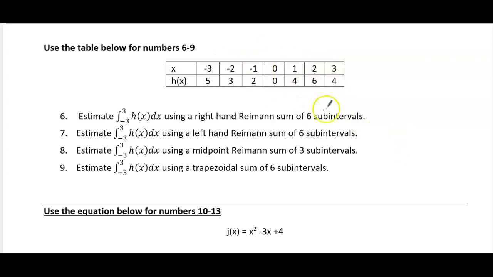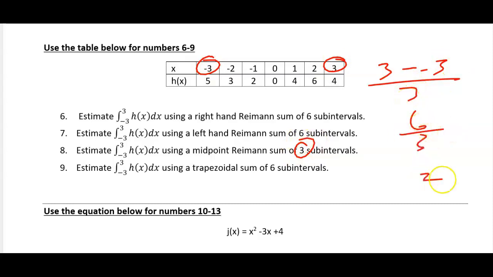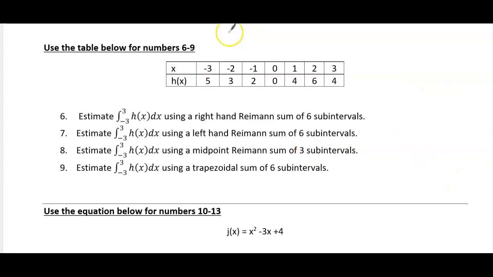All right. Let's go ahead and estimate our midpoint Riemann sum of 3 subintervals. Since we're doing 3 subintervals, you might want to take your last x value and subtract from it your first x value and divide by how many intervals you want. And so that's 6 over 3, which is 2. And that tells you how wide your bases need to be. So in other words, I'm going from -3 to -1 to get a base of 2.